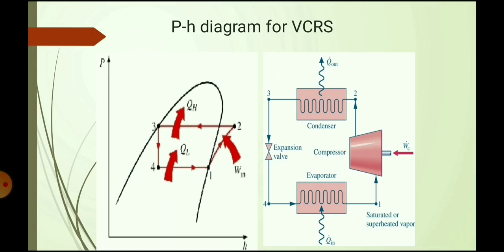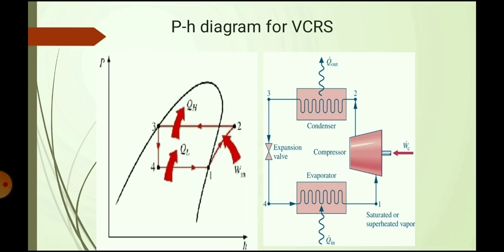Point 1 should be on the saturated vapor line, and point 3 should be on the saturated liquid line. The process 4-1 happens in the evaporator, where the refrigerant absorbs heat from the space where we have to produce the cooling.